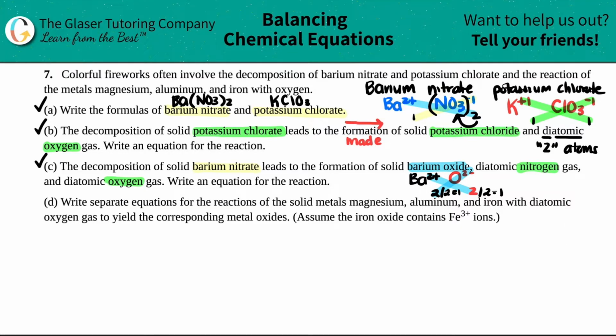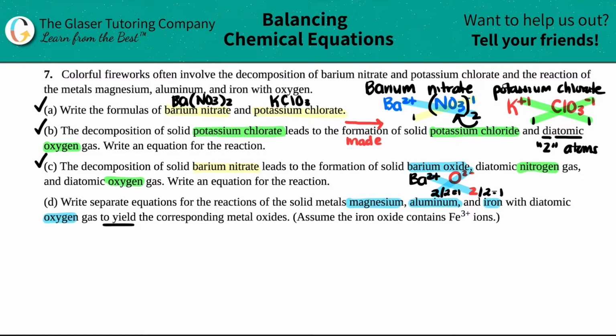So D says, write separate equations for the reactions of the solid metals, magnesium, aluminum, and iron with diatomic oxygen to yield the corresponding metal oxides. And we need to assume that the iron oxide contains Fe3 plus ions. Okay.